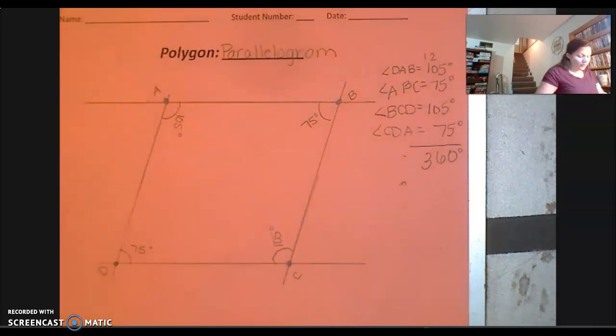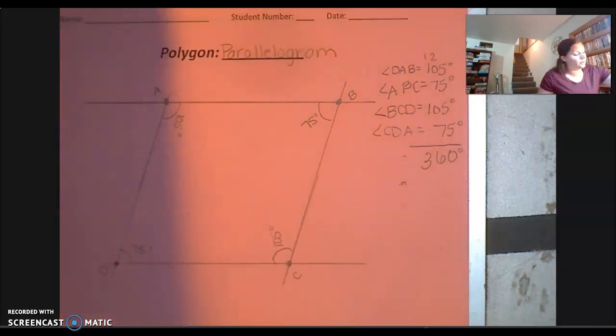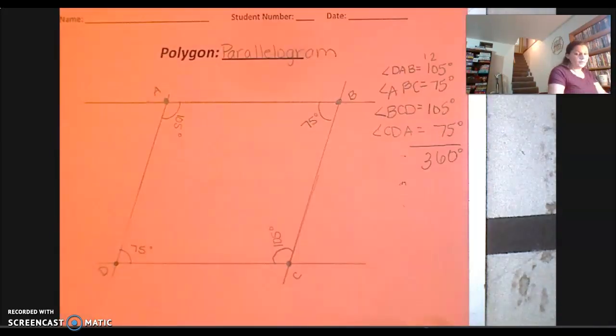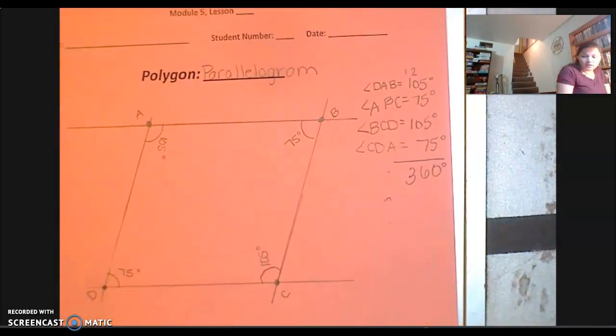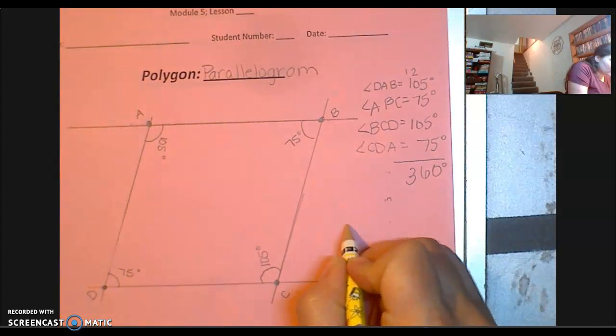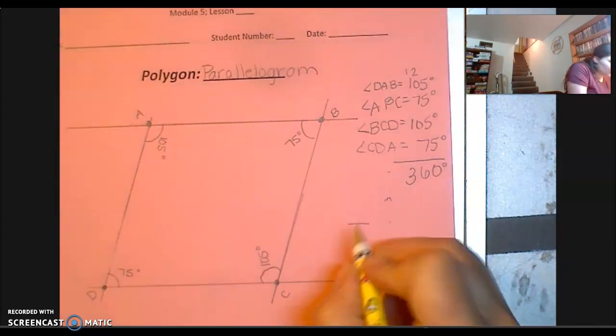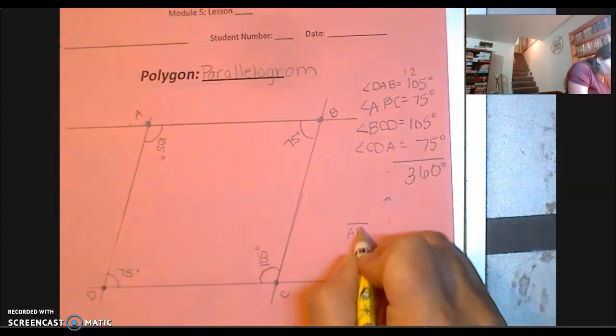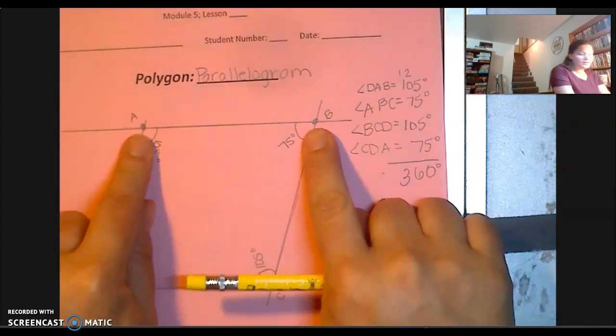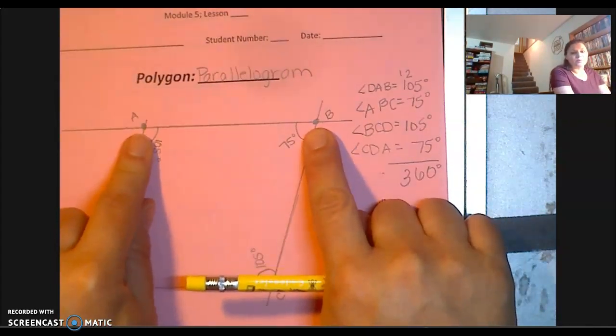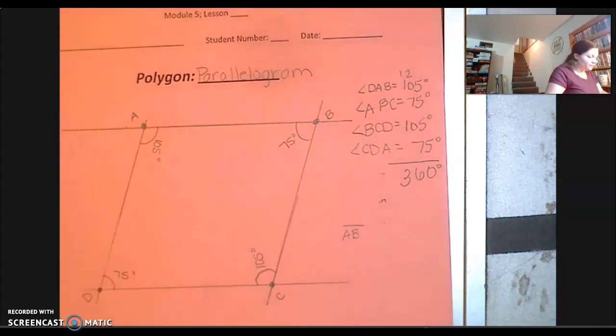So I'm going to use my ruler, and I'm going to measure line segment, and this is how we write line segment, AB. So here is line segment AB. It is where the points A and B are connected.